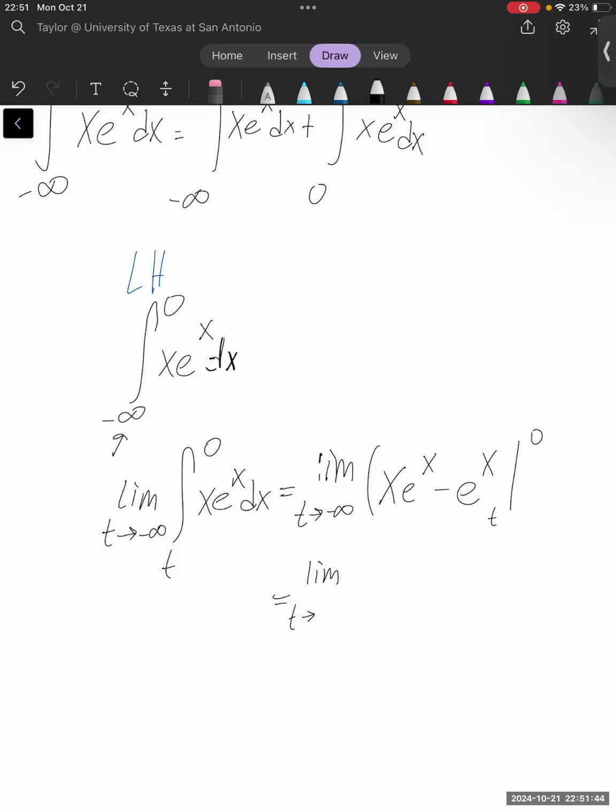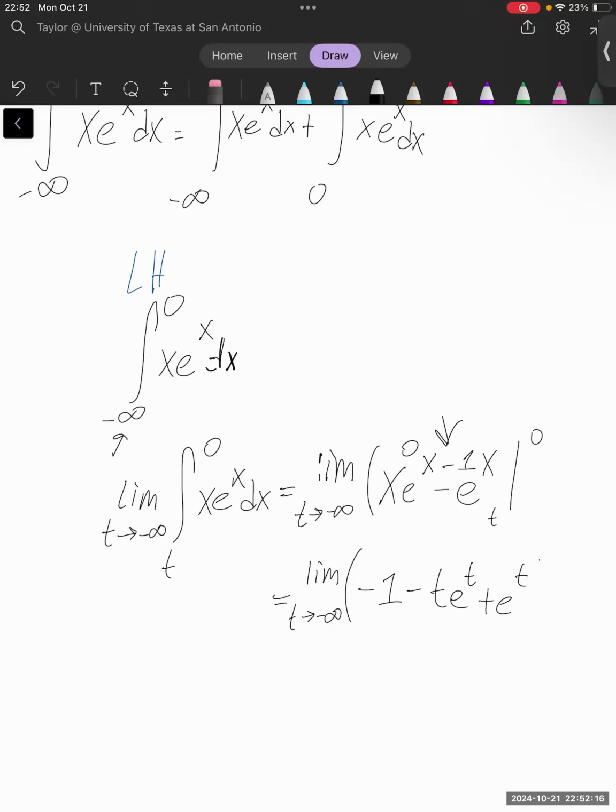Giving me the limit as t approaches negative infinity of t e to the t. Oh, sorry, not quite. Substituting in 0 here gives me 0 minus 1. So then I have minus 1 and then minus t e to the t minus e to the t.